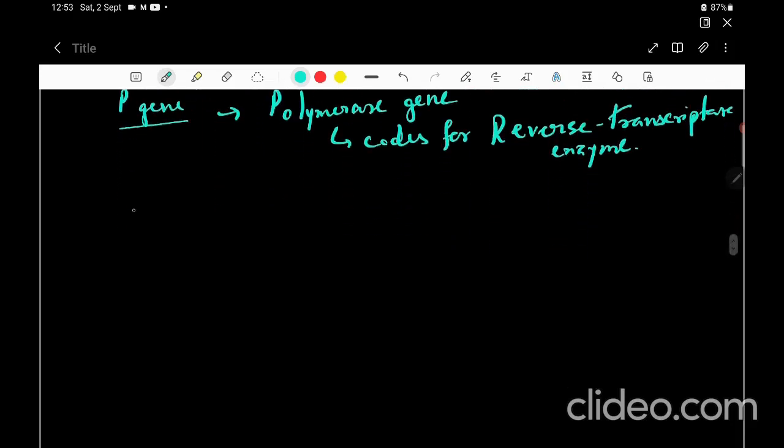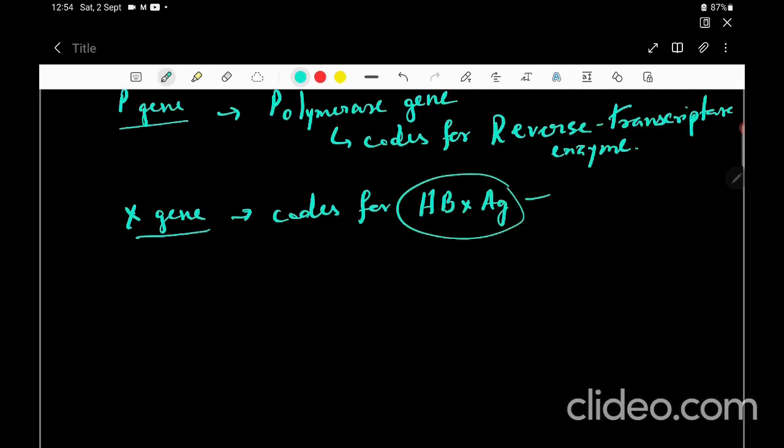And then there is the X gene, which codes for the HBx antigen. Its role is unknown, yet to be discovered.